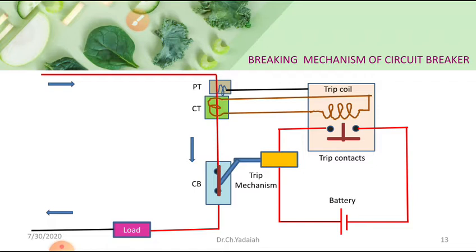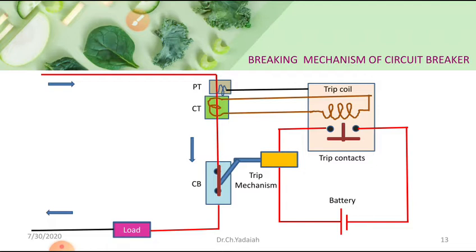Automatically, whenever an abnormal condition comes in the line, it is detected by our CT and PT and given to the relays. The relay analyses it and gives the signal to our trip mechanism, where it closes the trip contacts or closing contacts based on requirement.